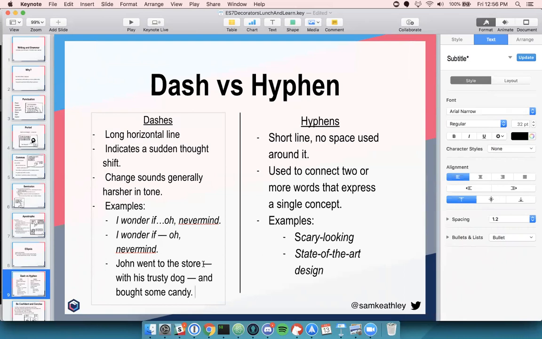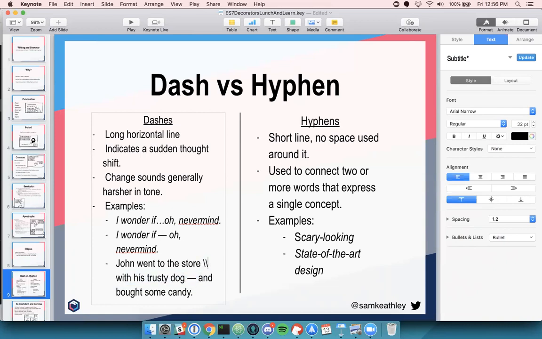So here we have a context switch, just an abrupt change of thought. And this is more so telling you that, hey, this is a sudden change. Like, this isn't important to the sentence at all, but it's more harsh and sudden. John went to the store with his trusty dog and bought some candy. You don't have to say with his trusty dog because it's not important to the sentence.